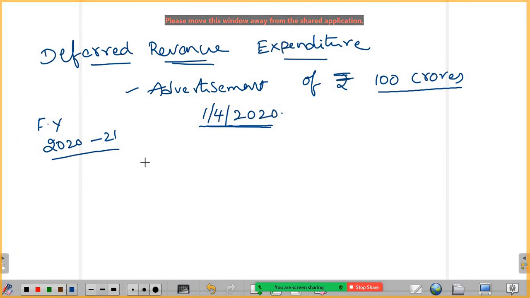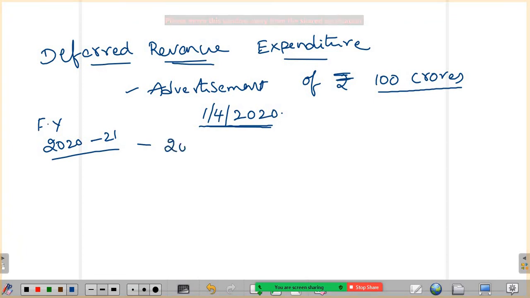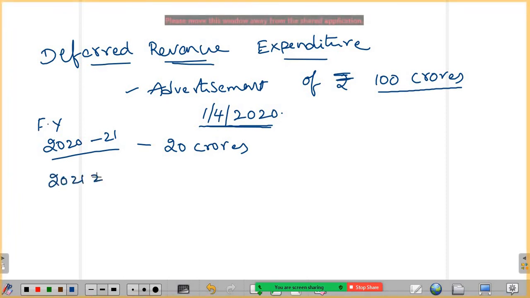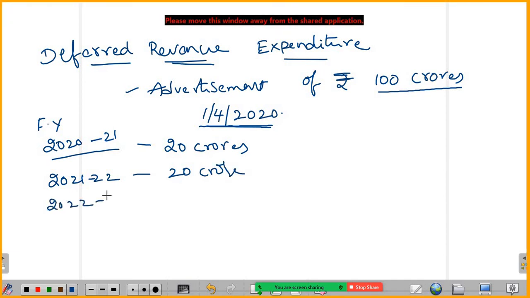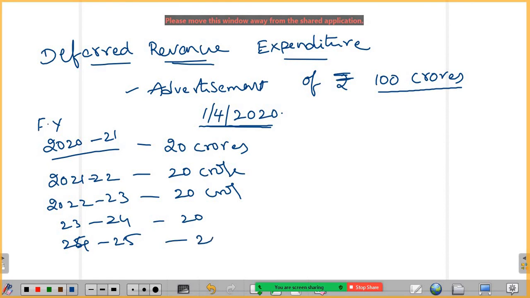Or more than that. So see, in 2020-21 they may show this expenditure as 20 crores, in 2021-22 another 20 crores, in 22-23 another 20 crores, similarly 23-24 another 20 crores, and again 24-25 another 20 crores.